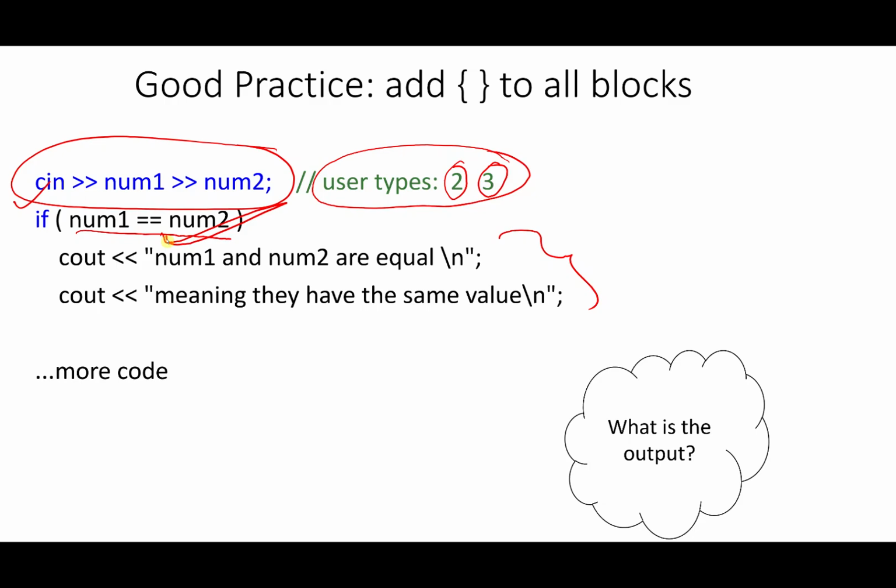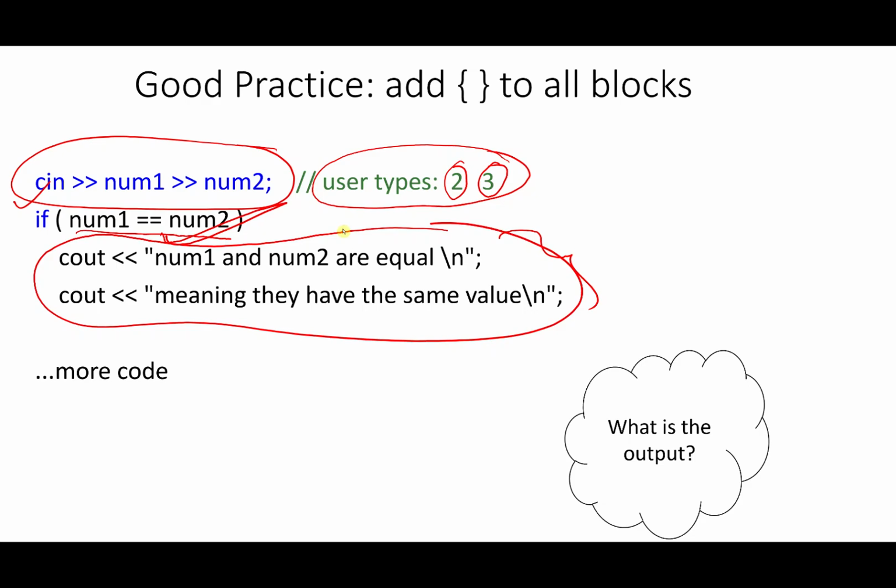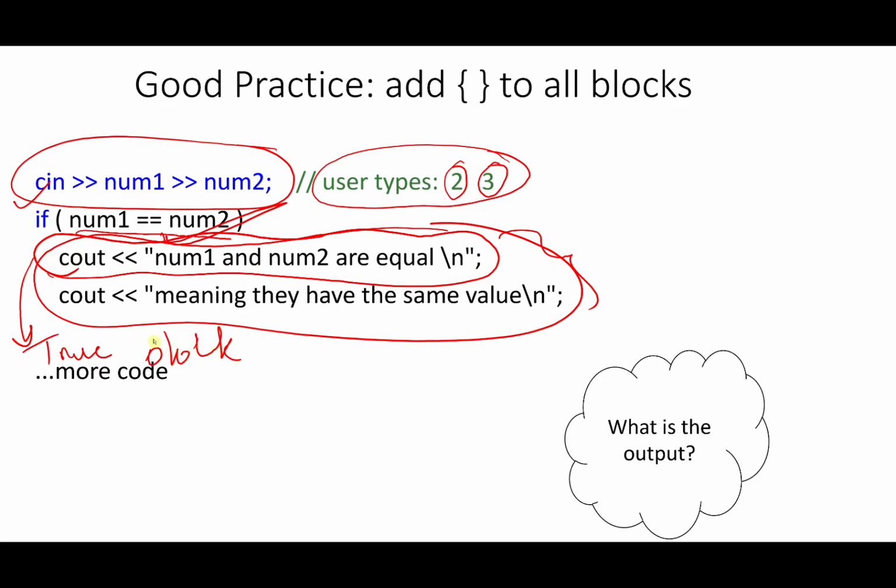But wait a second, is this a block? No, it's not a block. This is only the true block, right? This is the true block. So if this is the true block, that makes this the dangling statement, a statement that does not depend on any Boolean expression.